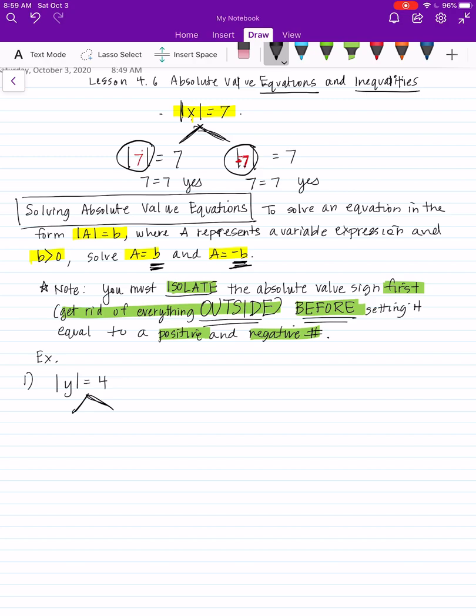So that means, and when I do that, I'm going to drop the absolute value signs, and I'm going to do y equals 4, because if you noticed, there's no absolute value signs. They went from an absolute value sign here to no absolute value sign up here, and no absolute value sign up here. So they have y equals 4 and y equals negative 4. And that's our answer. You have 2 answers, y equals 4 and y equals negative 4.